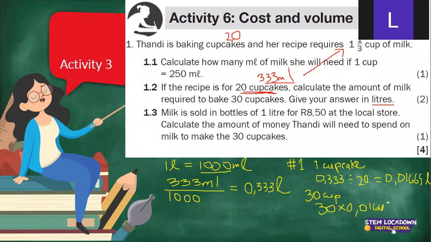Okay, that is a 6, by the way, liters. So the answer, okay, I'm getting answers from you guys. It's 30 times 0.01665.